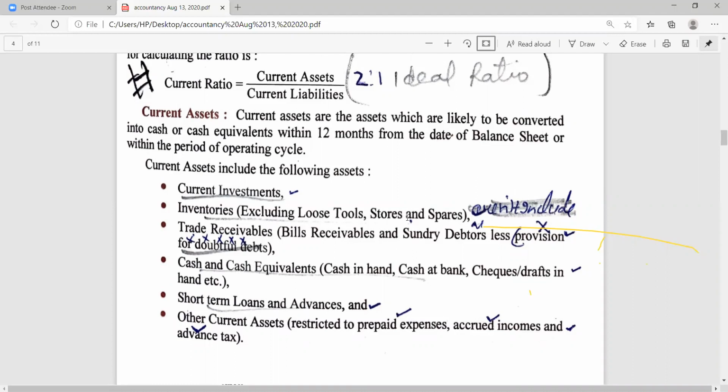You can frame it in the form of a formula as well: bills receivable plus sundry debtors minus provision for doubtful debt. Next is cash and cash equivalent. Cash and cash equivalent consist of cash in hand, cash at bank, cheques, drafts in hand, etc. Then short-term loans and advances, and other current assets, restricted to prepaid, accrued, and advanced tax.